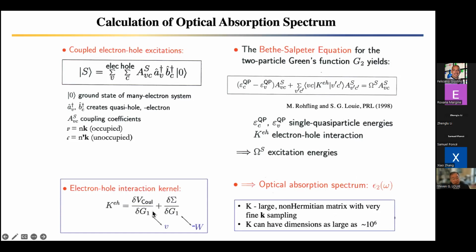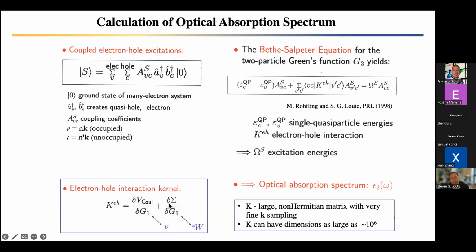And the electron-hole interaction, K, in fact, can be derived from the self-energy of the electron and also the Hartree interaction. And that leads to a repulsive interaction between the electron and hole, and also an attractive interaction between the electron and hole.